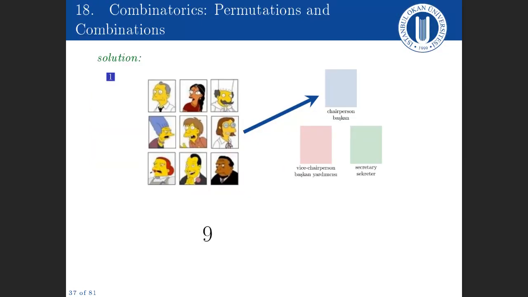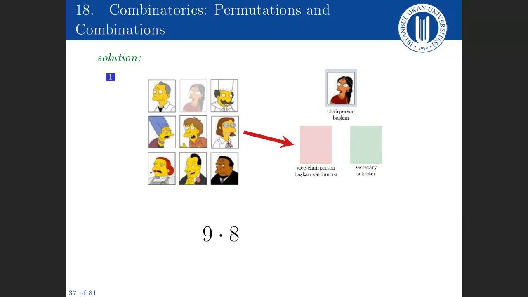Okay, so first, let's suppose we're going to choose the chairperson, the vice chairperson, and the secretary. And let's suppose we have 9 people to choose from. First, let's choose the chairperson. There's 9 people that we could choose, so there's 9 different choices of chairperson. Let's choose one of the people and put them in the box. That leaves us with 8 people to choose the vice chairperson from.